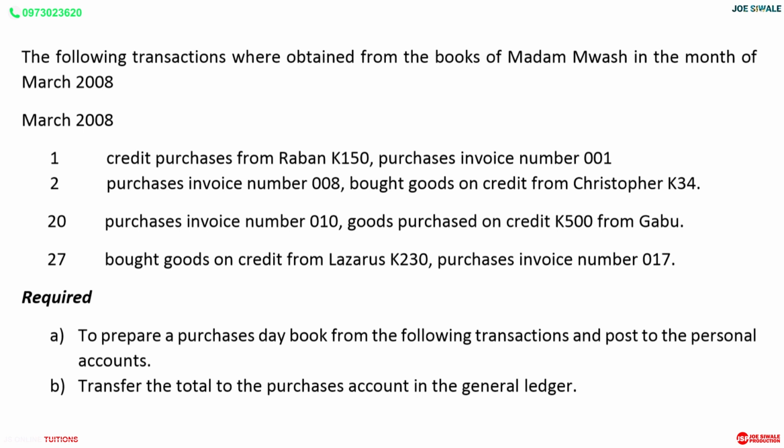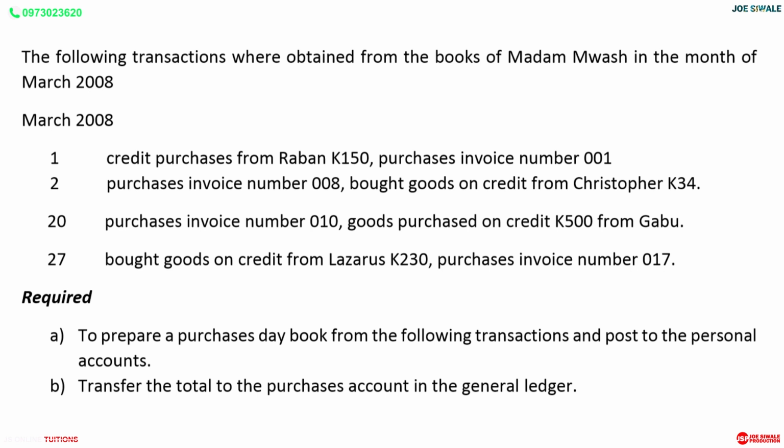On the 27th of March, bought goods on credit from Lazarus amounting to 230 kwacha, purchases invoice number 017. You are required, A, to prepare a purchases daybook from the following transactions and post the personal accounts. Then B, transfer the total to the purchases account in the general ledger.